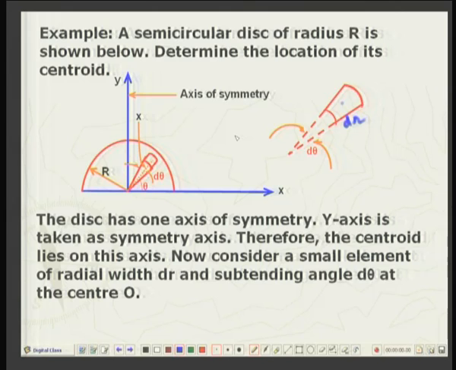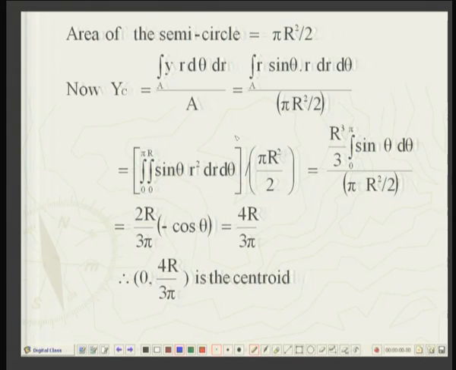So, if we find out the area of the semicircle, well, for the circle the area is pi r square.